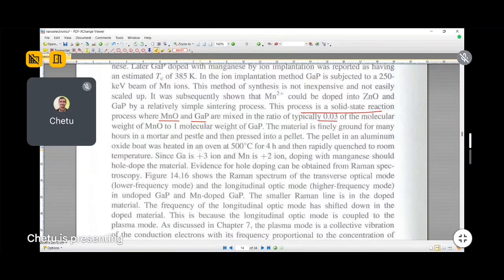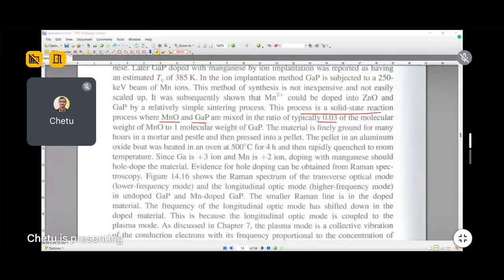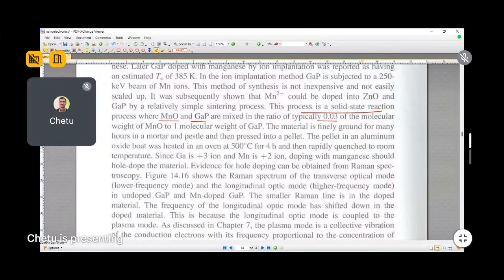The pellet is then heated in an aluminum oxide boat called alumina, in an oven at around 500 degrees for 4 hours. This is a process where you can create a dilute magnetic semiconductor using the sintering method. Once it is done, the hot pellet is quenched into water or some cooling medium to room temperature.